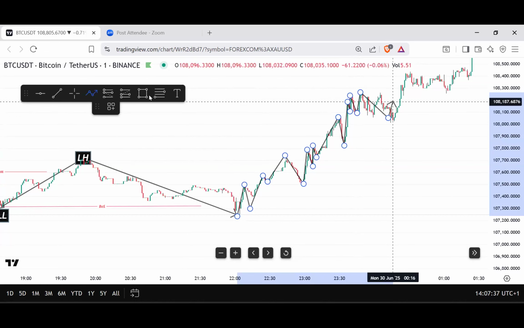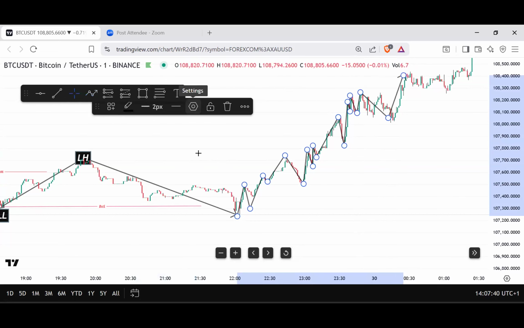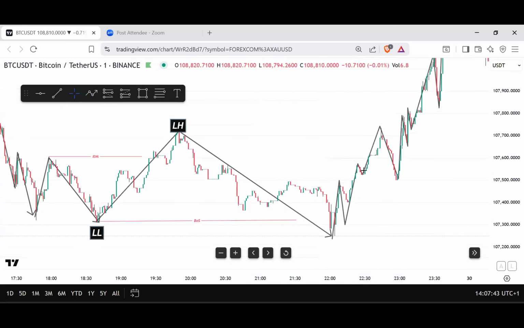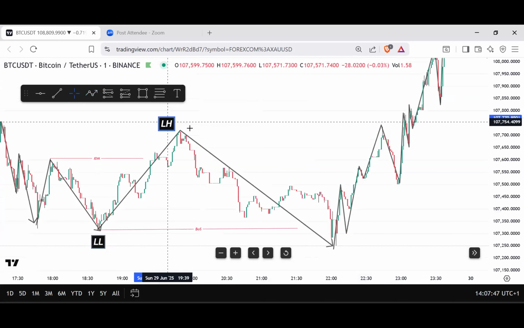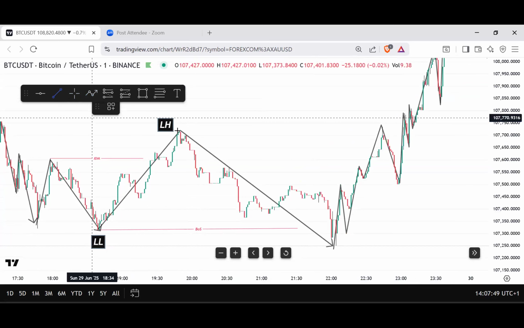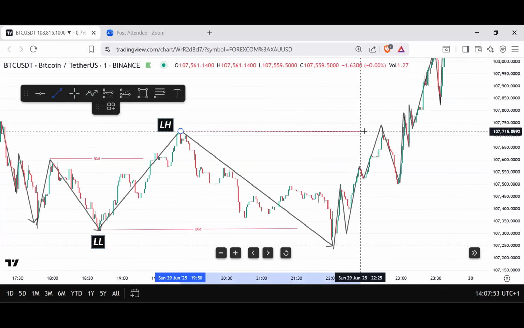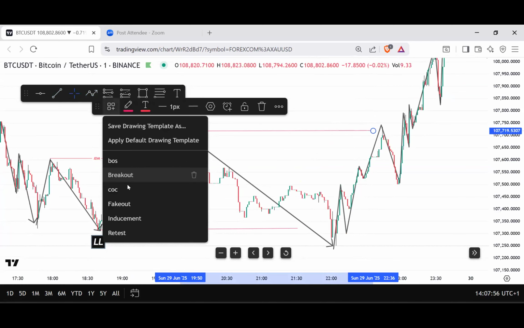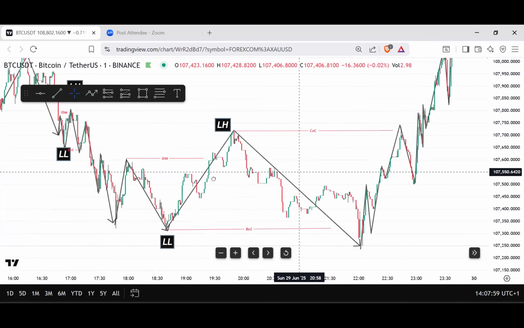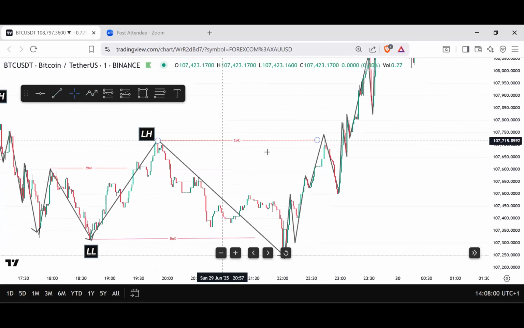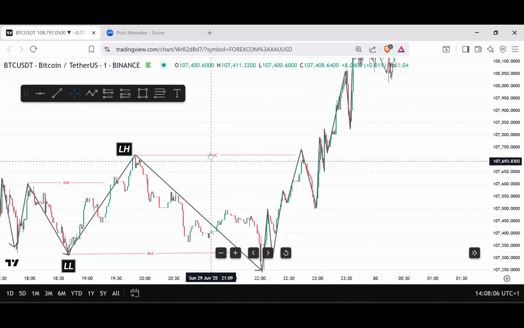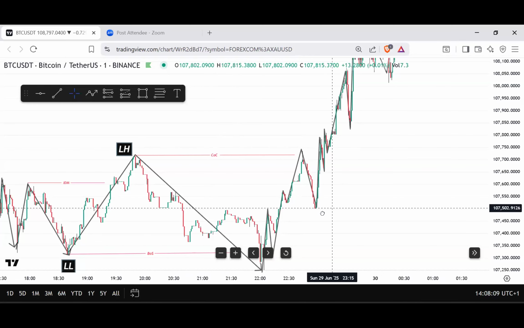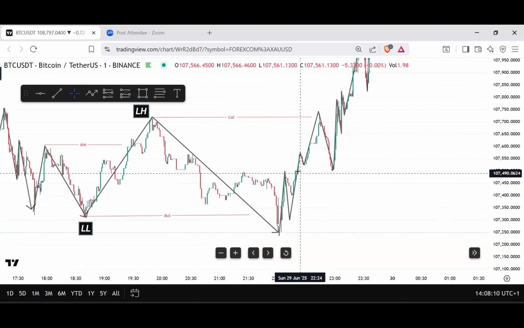Okay, let me just label what we have. So immediately we have this break. This is our COC. So it means this is an indication that the trend may change. Yeah, that's an indication or a signal.